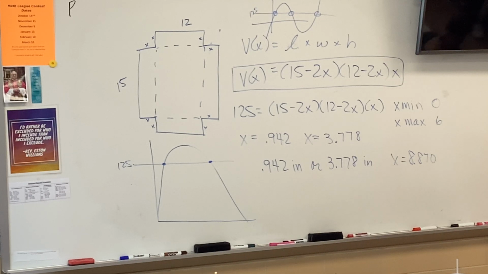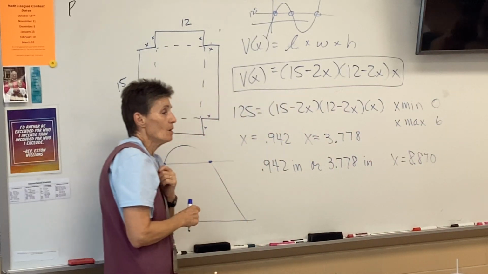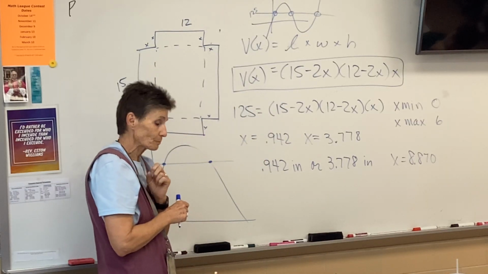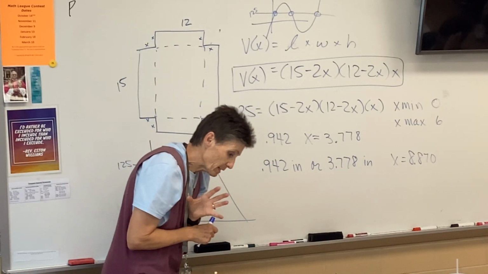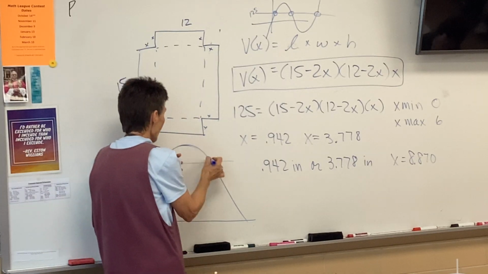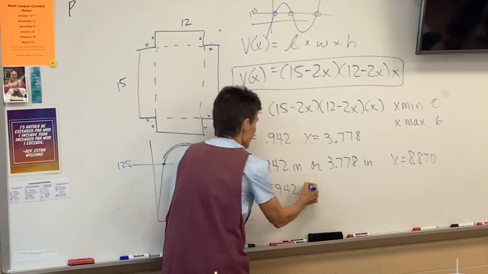So, what are the answers? I think right here. These two are the two places where the volume is exactly 125. Now, I want it to be more than 125. So would more than 125 be between these two numbers?